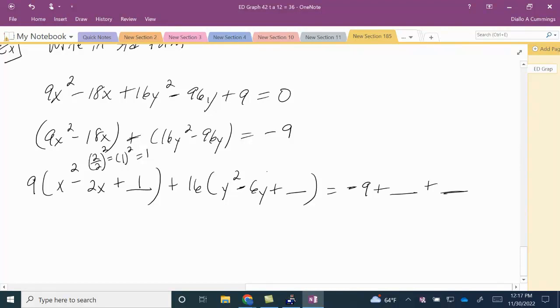We're going to complete the square of the y variable. So we're going to take half of the coefficient of the middle term. So -6 divided by 2 is -3, and -3 squared is 9.